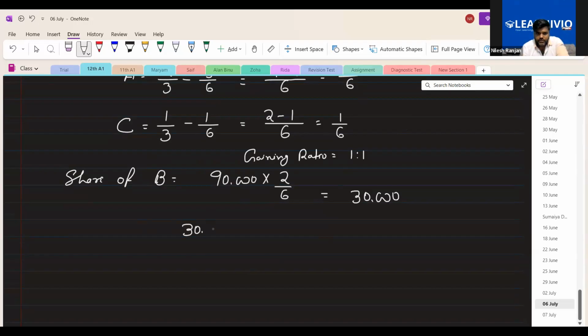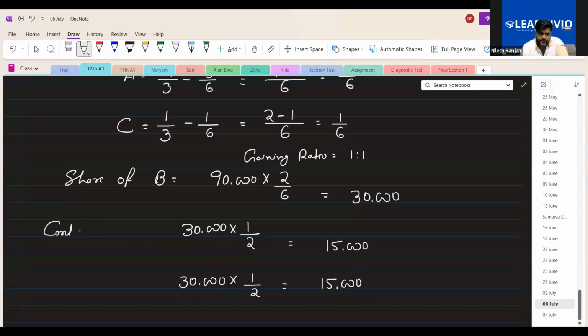So this 30,000 will be 15,000, 15,000. So that is the contribution by A and C.